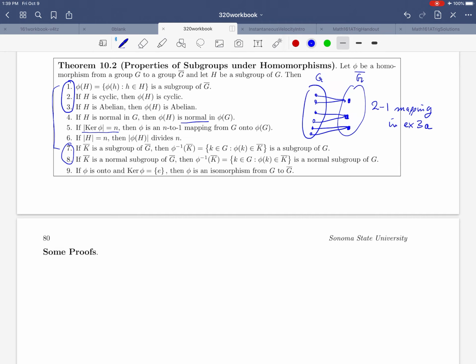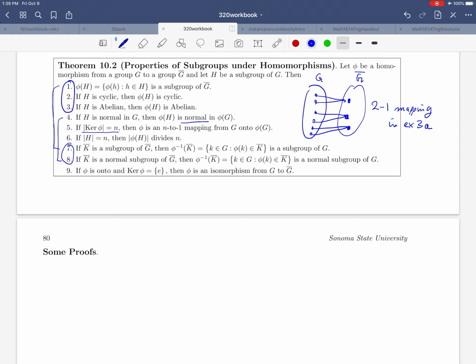It also works the other way around. If K bar is a subgroup in G bar, then the inverse image is a subgroup in G. And same thing with normal. So if K bar is a normal subgroup of G bar, then the inverse image is a normal subgroup of G.